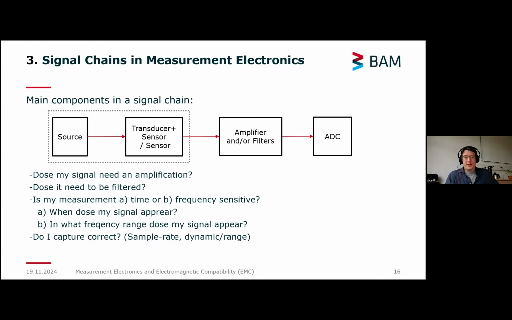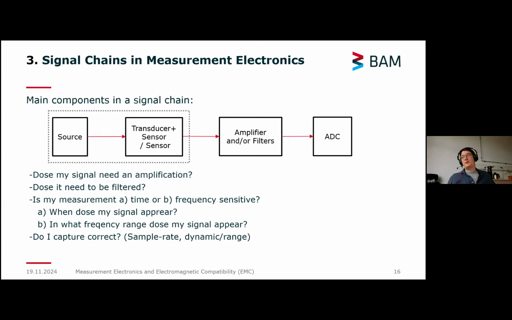In the other case, frequency sensitive measurements would show in a fast Fourier transformation, or in the result of an FFT. Besides that, what I talked about already is the sample rate and the dynamic range.